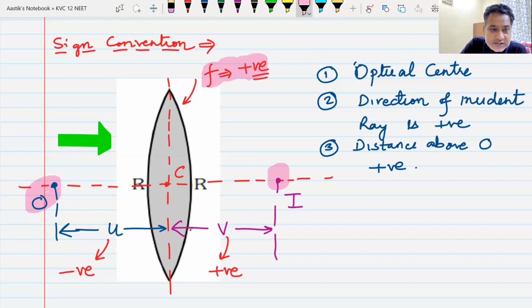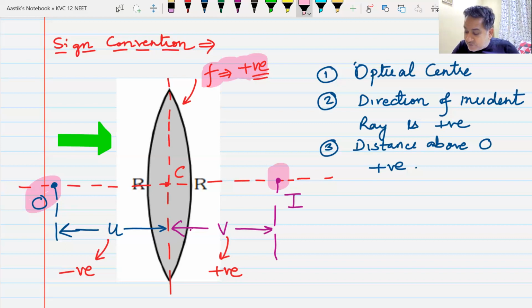What was the first position that we saw for concave mirror? Where was the object, and where was the image? The first case for concave mirror: where did I first place the object? Infinity, sir.